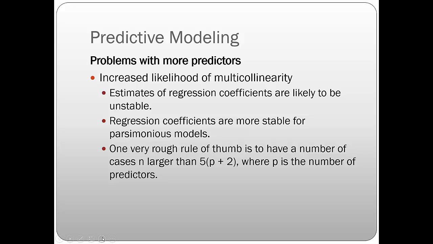Okay. Which is easily met in the context of big data, right? So if you have like 1,000 variables, then you have 1,000 plus 2 times 5 and so on. So it's kind of a thumb rule. This is not to be taken as a law or anything like that.